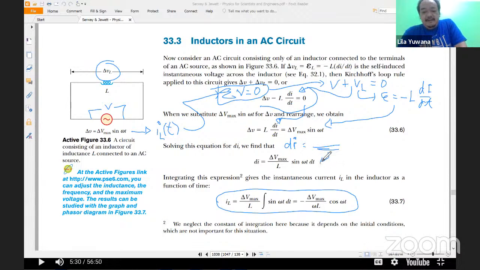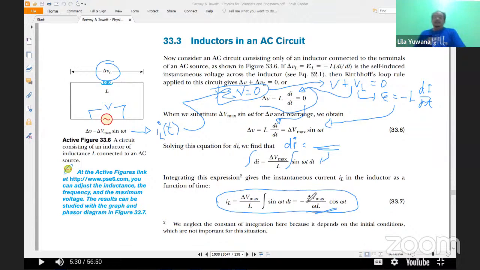The current we can obtain if we integrate both the left side and the right side. This is a constant, so we can take it out of the integration. And we integrate both sides, we have this one.